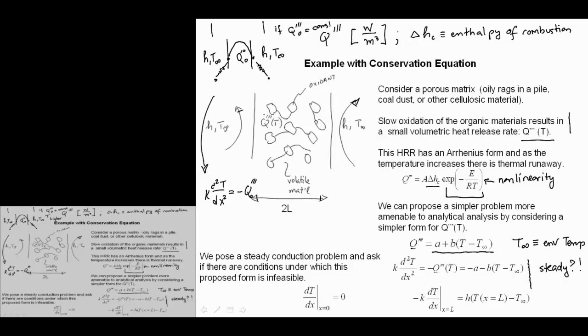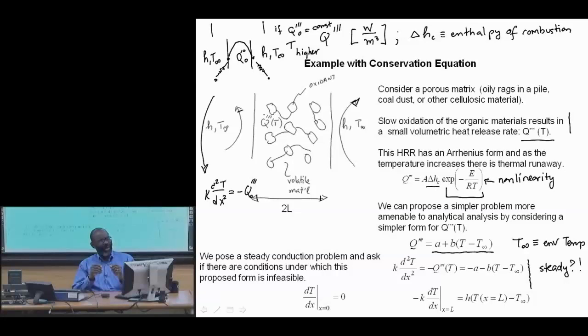Okay? So now we can think about what happens if we have that problem in mind, and we think about the variable heat release rate problem as a modification to the steady problem.